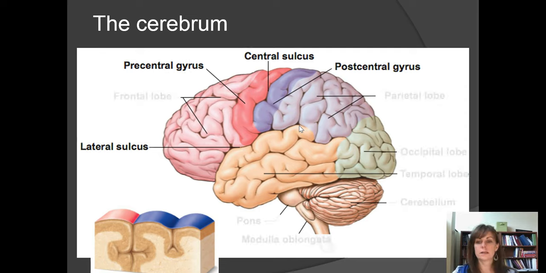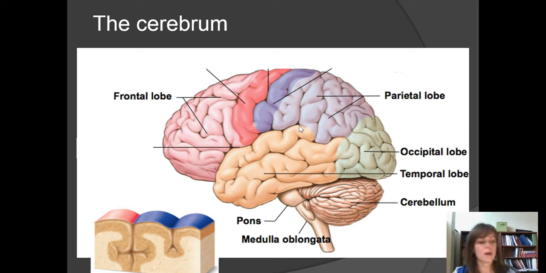Some other things you need to know is that there are lobes of the cerebrum. So this here in both pink and red, all of this is called the frontal lobe. All in blue, both dark blue and light blue, is the parietal lobe.